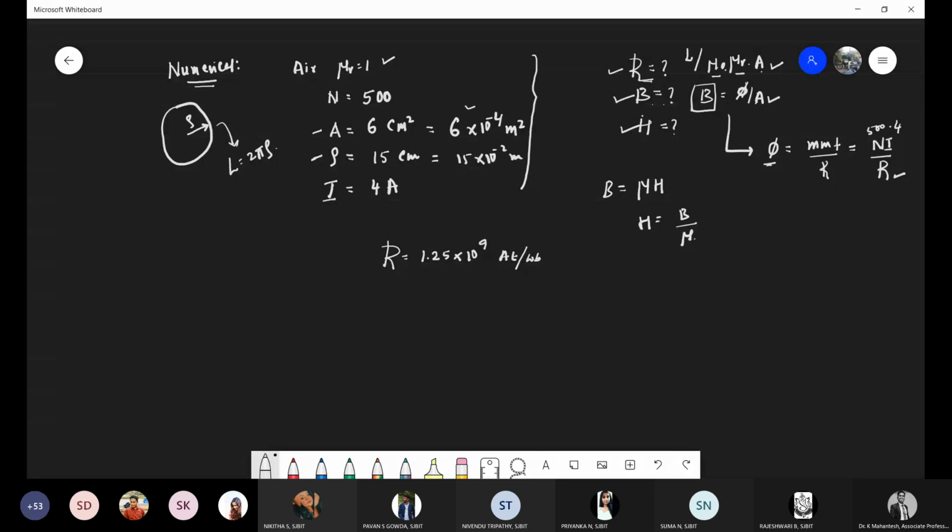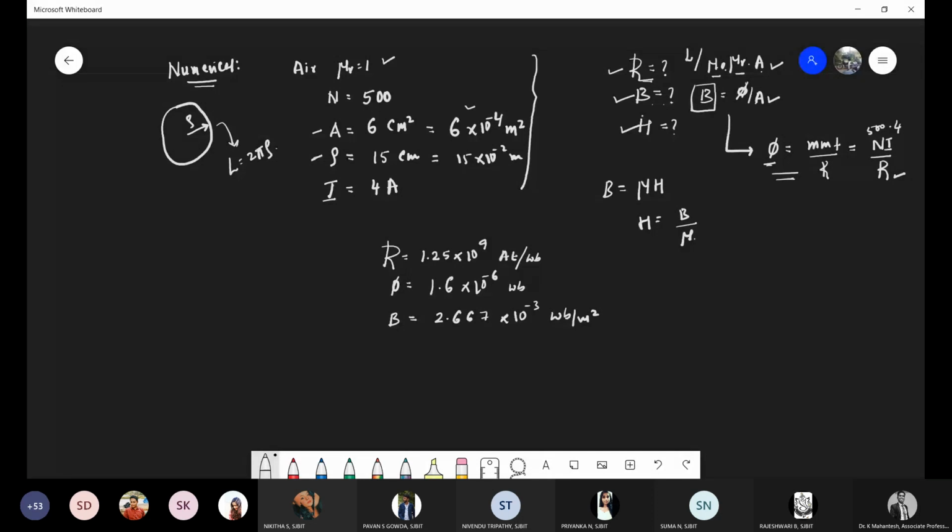And for flux, you should get 1.6 into 10 power minus 6 Webers, and for B you should get 2.667 into 10 power minus 3 Weber per meter square.